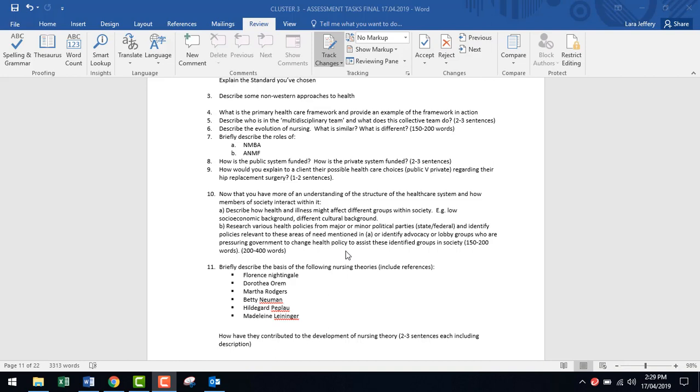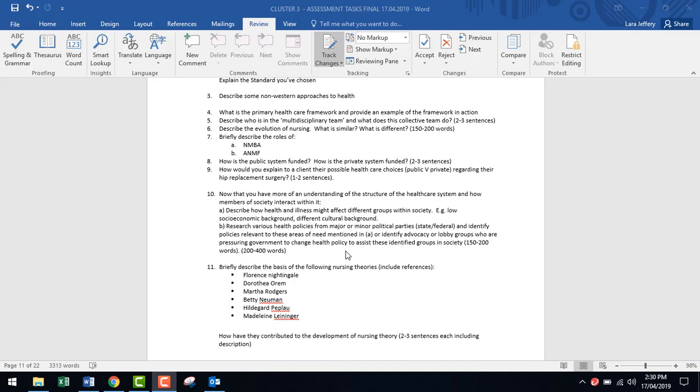Okay, so if they are a refugee, an asylum seeker, or from a non-English speaking background, how is their experience different in the healthcare system?